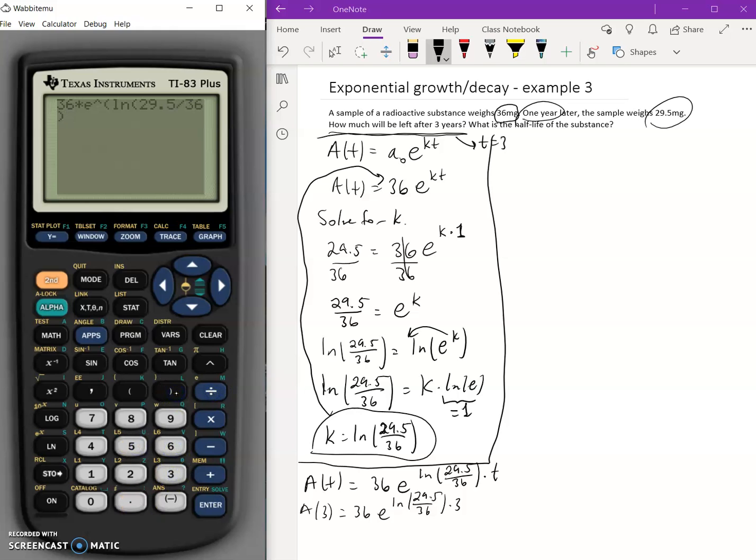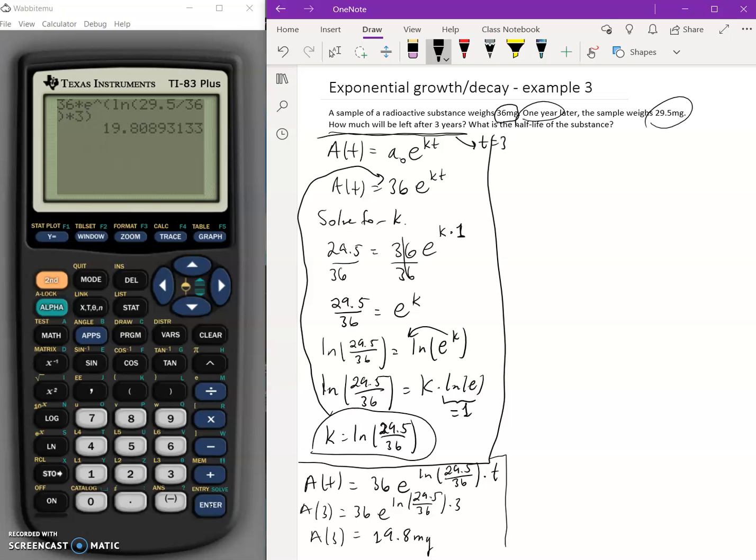Close the parentheses for the inside natural log, and now I multiply by 3. That's still in the exponent, so I close the parentheses. This says that A of 3 is equal to 19.8 milligrams. So that's the expected amount left after 3 years. So this is decaying very quickly.